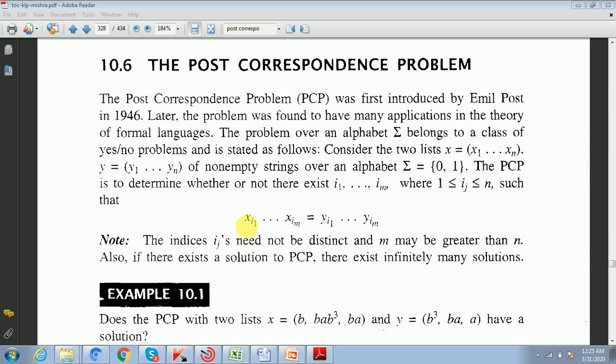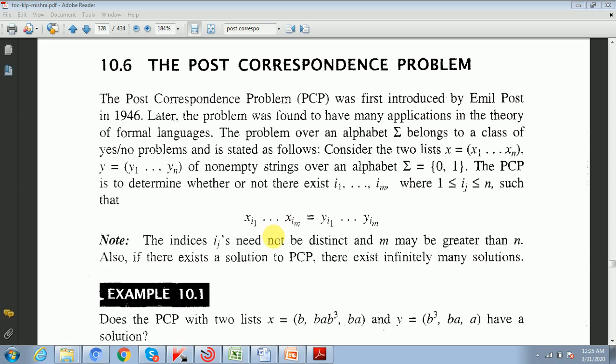For example, if I write x1, x3, x2, then on the other side y1, y3, y2. You may change the order or repeat an element, for example x1, x3, x3, x1, and similarly y1, y3, y3, y1. If the LHS concatenation and the RHS concatenation are equal, then we can conclude that the PCP has a solution.